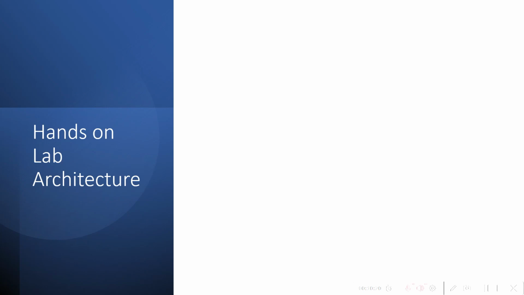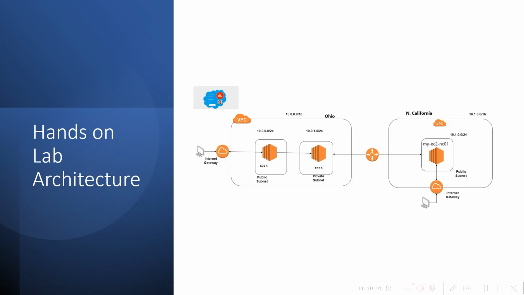Now let's talk about our hands-on lab architecture. So this is the architecture which we are going to follow. We will be creating one VPC in the Ohio region and one VPC in the North California region. I will have one EC2 instance, EC2B, in the private subnet, and I will be establishing the peering between the two VPCs.